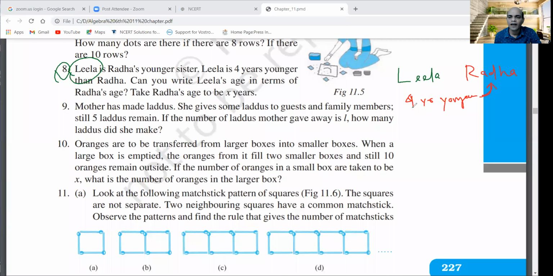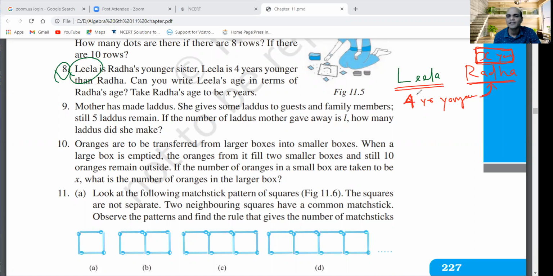इससे 4 साल कम है लीला की एज. Okay, Leela is less than Radha. Leela's age in terms of Radha's age. Take Radha's age. This question says Radha's age is X years. Now, who can tell me what is the age of Leela? Younger means कम है. कम मतलब क्या करना पड़ेगा?